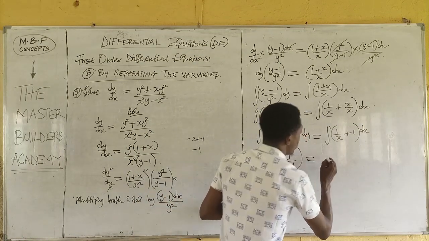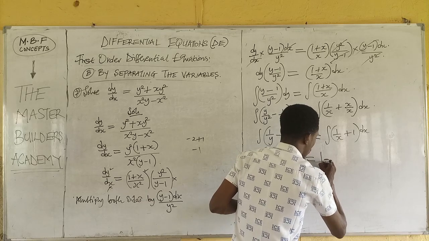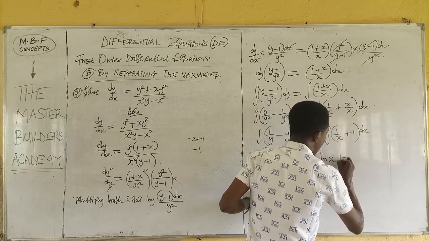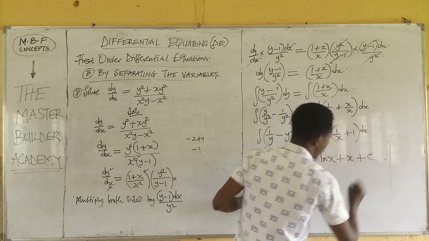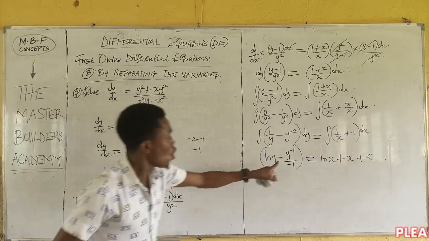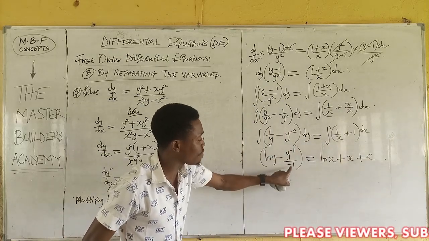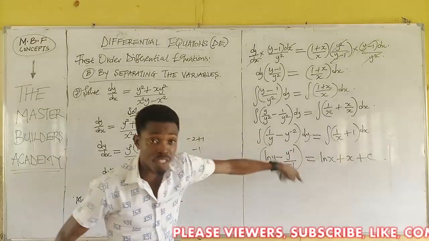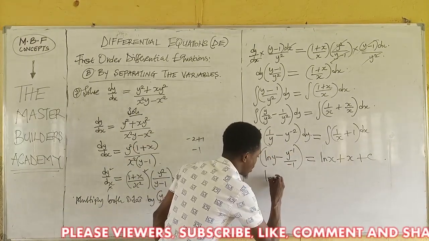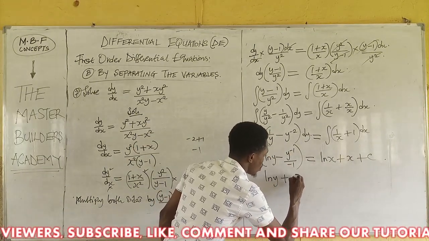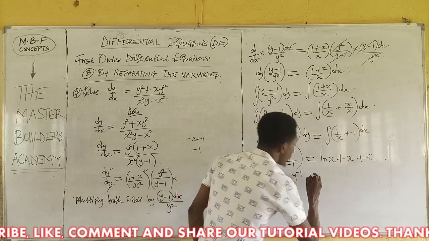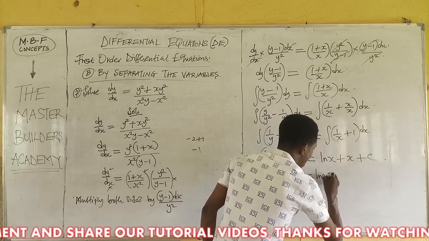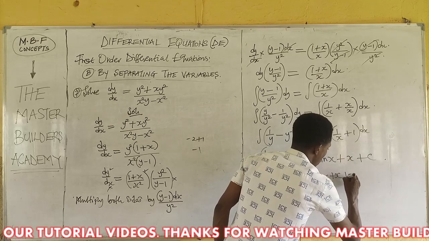Then equal to, when I integrate 1 over x, I'm going to have ln x, and when I integrate 1, I'm going to have x plus c. It's as simple as this now. Minus y raised to the power 1 divided by minus. Now, minus divided by minus, we are going to have ln y plus y raised to the power minus 1 is equal to ln x plus c.